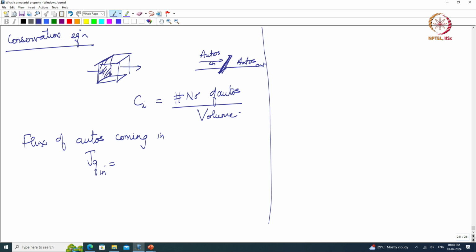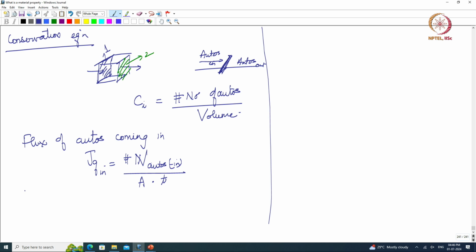So, that is how they can come in. So, number of autos in divided by the area of that face, call it A1, and this face I am going to call 2, the green face, divided by the time. So, number per time, that is flux.